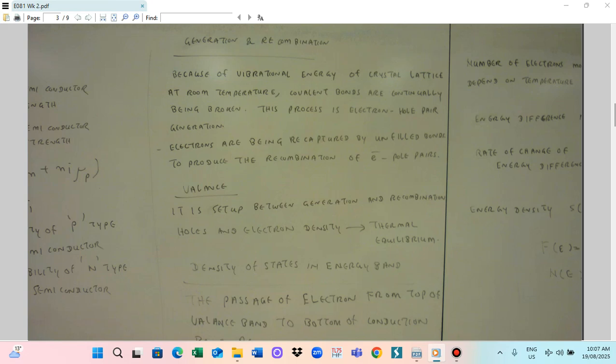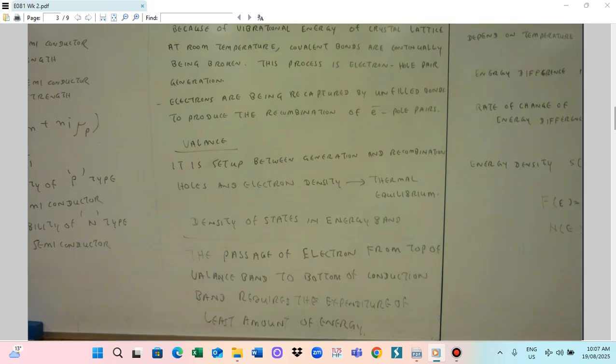When the energy bands are bent, the conduction band stays, so the electrons are moving, and they also get the energy density. Passing of an electron from the top of the valence band to the bottom of the conduction band requires the expenditure of the least amount of energy. This means that if the electrons are at the top of the band, you need only a little energy. But if electrons are deeper in the valence band, you need more energy.